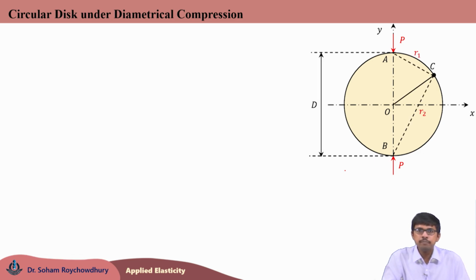So, consider any point C on the outer periphery of this disk, which is at a distance r1 from point A, that is the point of application of P on top, and making an angle theta 1 with the y axis. Similarly, point C is at a distance r2 from point B, which is the bottom point of application of the bottom load.